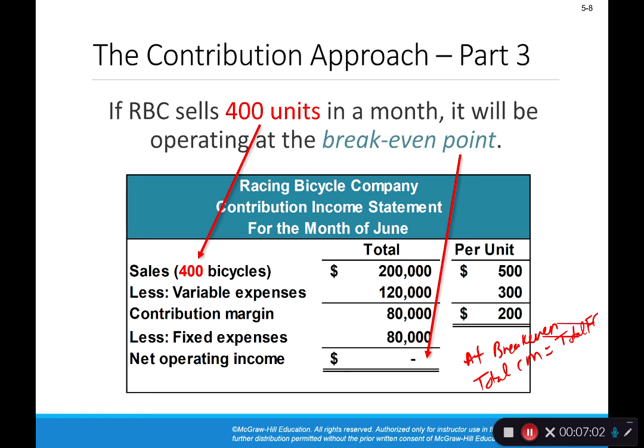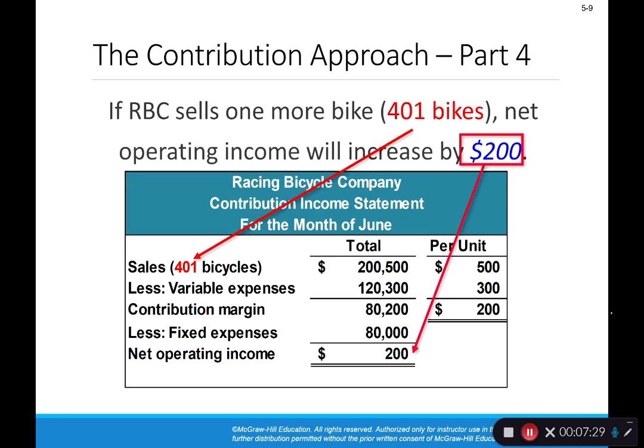And we're going to learn a shortcut approach to calculate what that break even point would be later on in our lecture. But for now, just understand that we're going to break even whenever our total contribution margin equals our total fixed cost. And you can see that here, contribution margin's 80, fixed costs are 80, so our net operating income is 0, which is what break even represents.